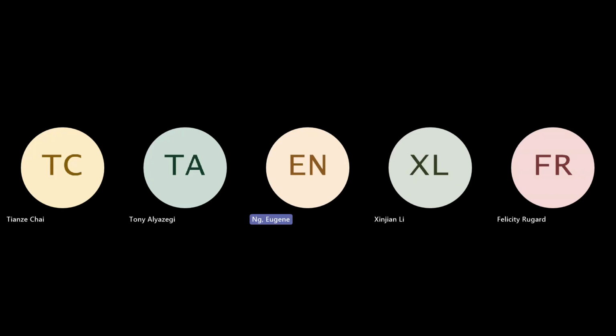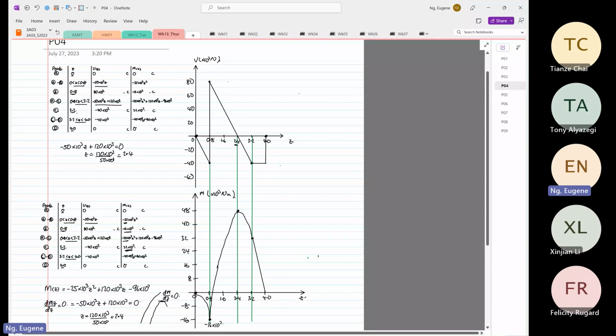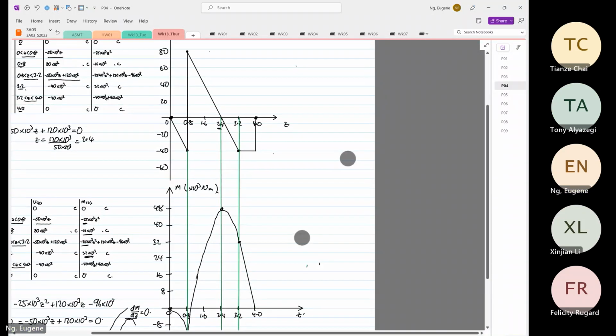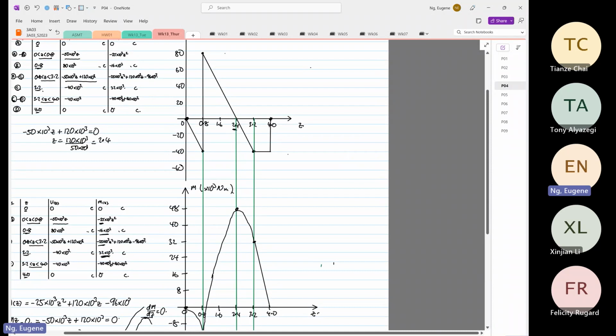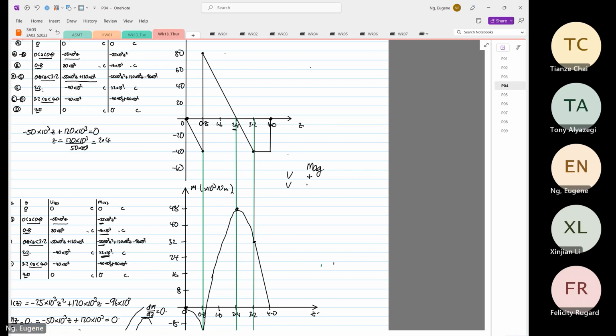Between the shear force diagram and the bending moment diagram, the relationship is this. In terms of magnitude, this is the shear force. By looking at the magnitude, you can have a positive or a negative magnitude.